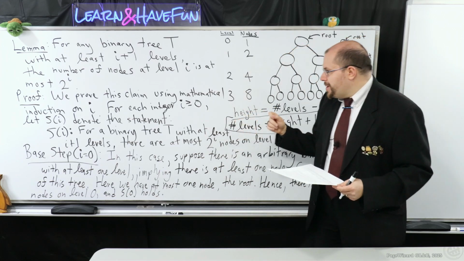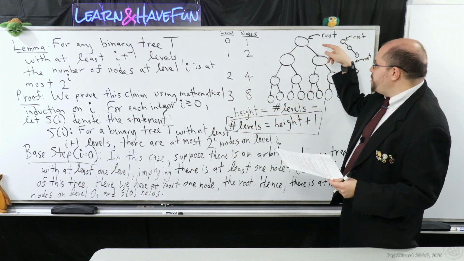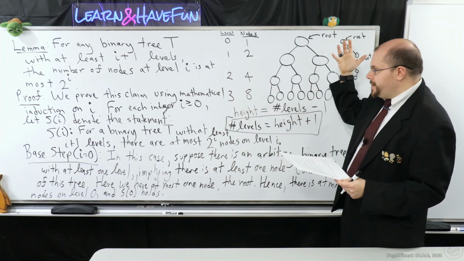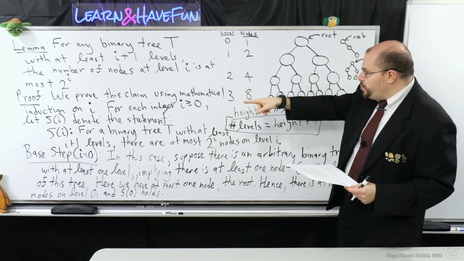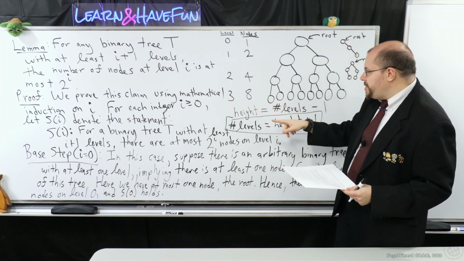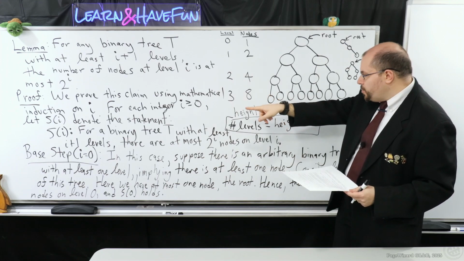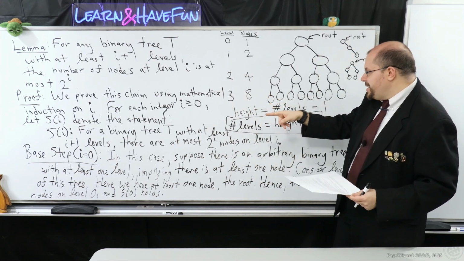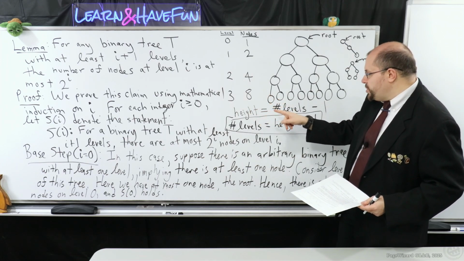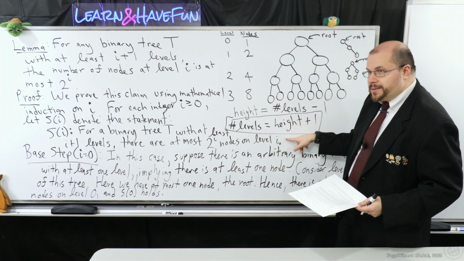Now, if you're really not sure, think about this in a more arbitrary way. Suppose that we were looking at i equal to 1. What would that mean? S of 1 would be: for a binary tree T with at least 1 plus 1 levels, so 2 levels, there are at most 2 to the 1 nodes at level 1.